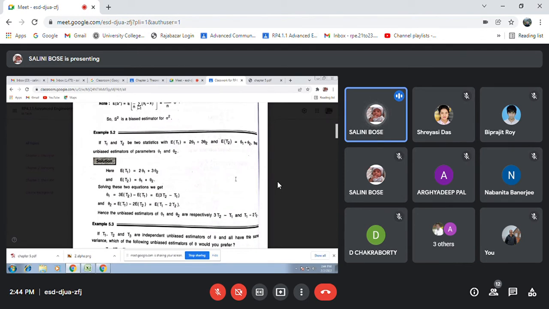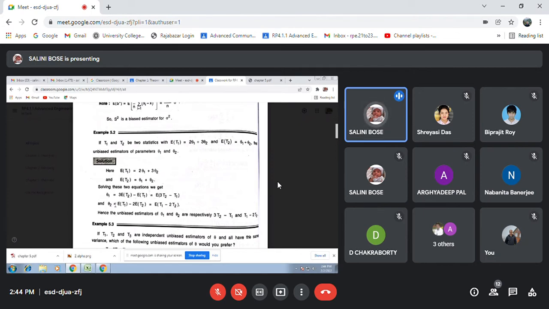So how to do it? Very simple. Take these two equations, and after solving for theta 1 and theta 2, you will get theta 1 is equal to this, 3 E of T2 minus E of T1, and that can be written as E of 3 T2 minus T1.